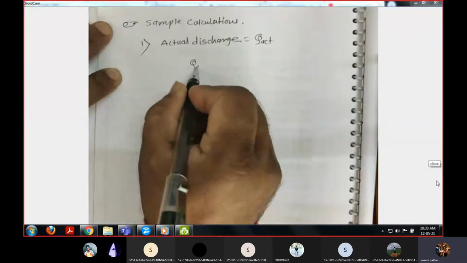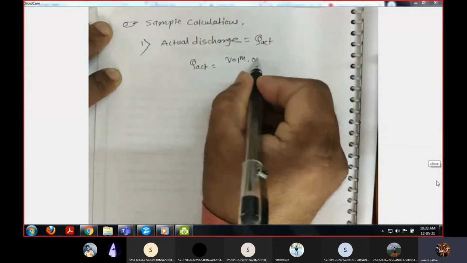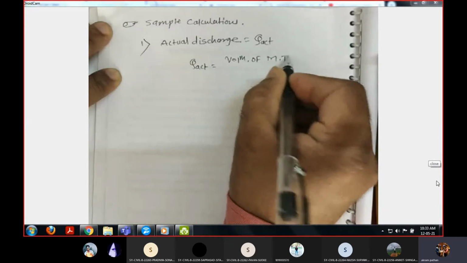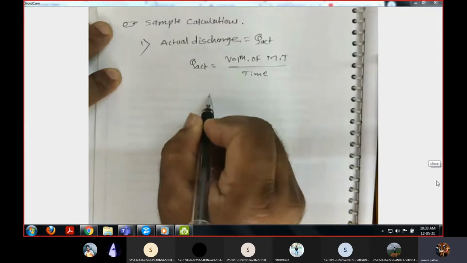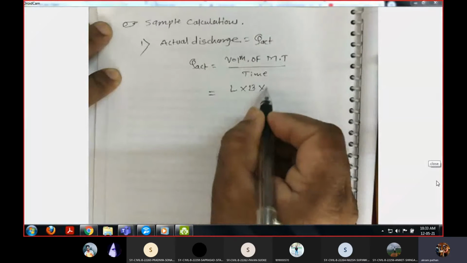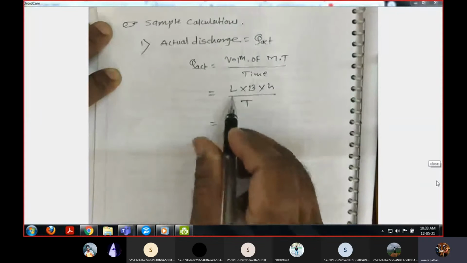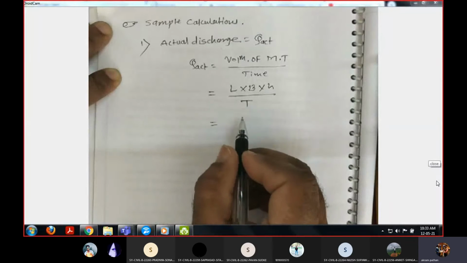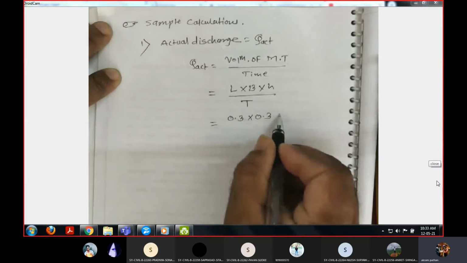So we have the formula for Q actual: volume of measuring tank divided by time. The volume of measuring tank is L into B into H divided by T. Length and breadth is given in the observation, that is 0.3 meter by 0.3 meter.